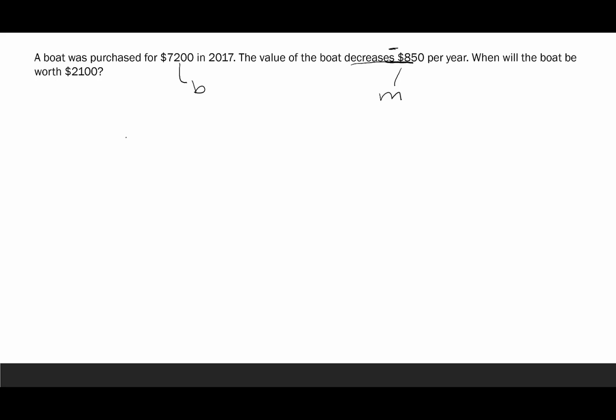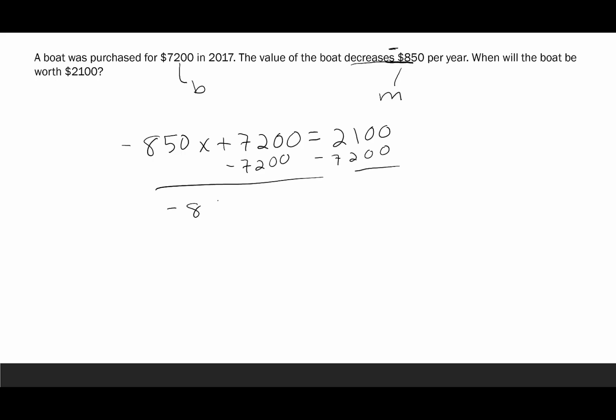So our equation will be negative 850x for the number of years plus 7,200, which was our initial starting point, and we want that to be equal to 2,100. To solve, I'm going to subtract 7,200. I have negative 850x is equal to negative 5,100.